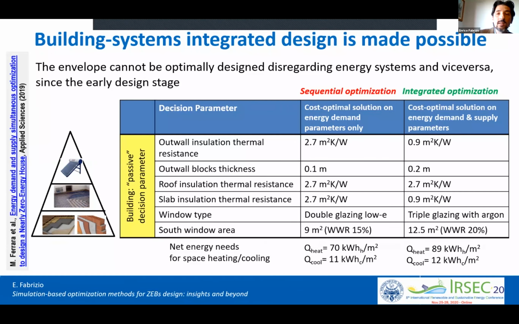if we use a traditional sequential optimization, instead of an integrated optimization, we can find different results. This is the comparison. It's another study that compares the results from integrated optimization, so energy supply and energy demand options at the same time, with a sequential optimization in terms of cost.